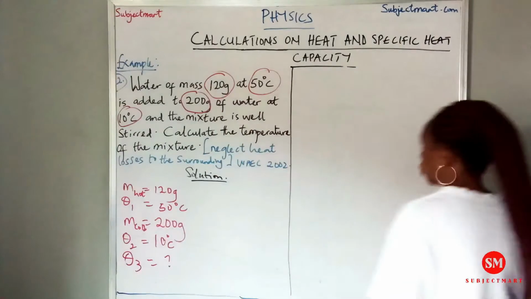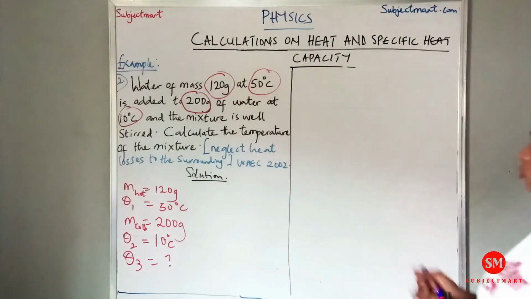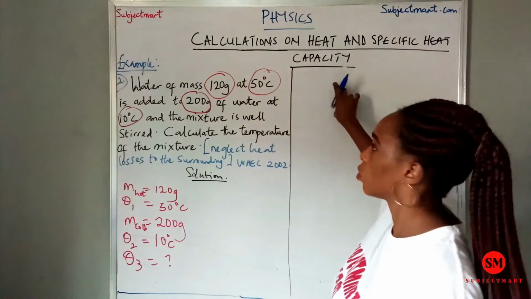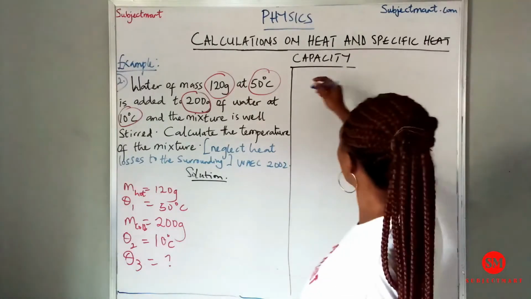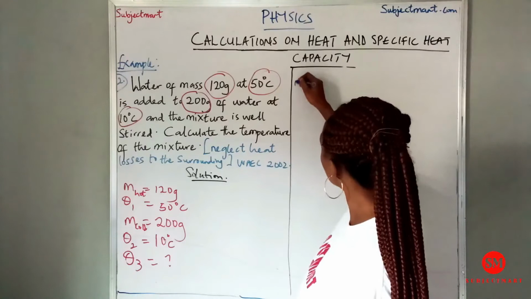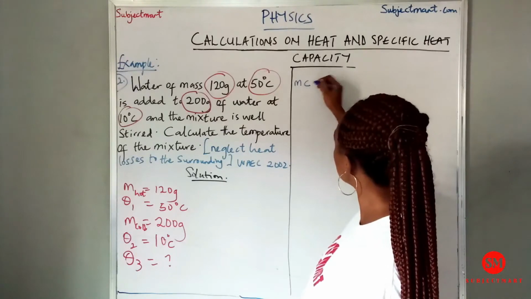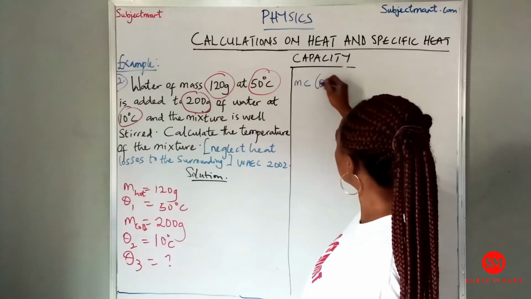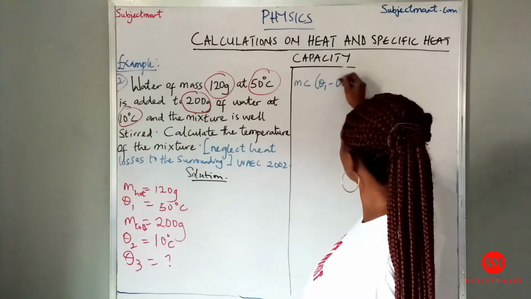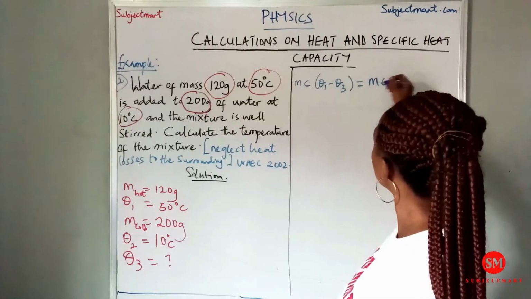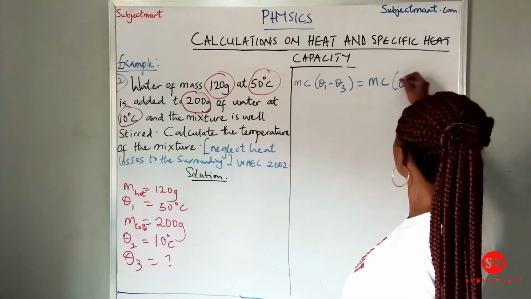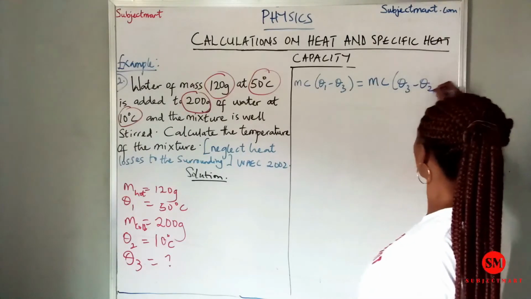Okay, so you recall for case 2 involving hot and cold water, this is one of the formulas we are going to use. MC theta 1 minus theta 3 is equal to MC theta 3 minus theta 2.